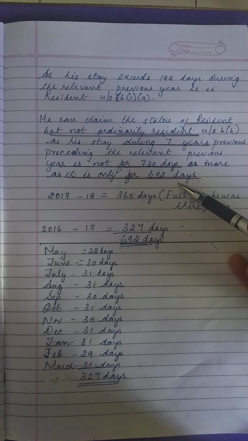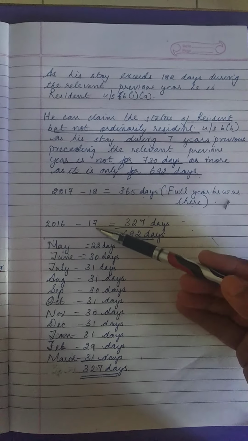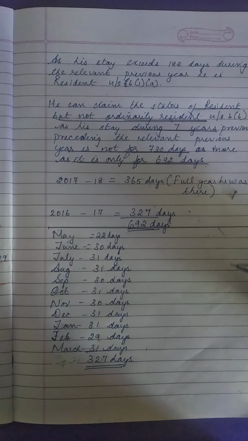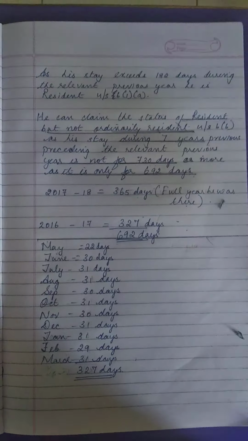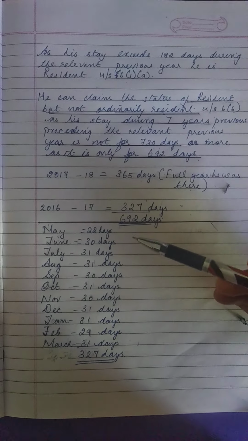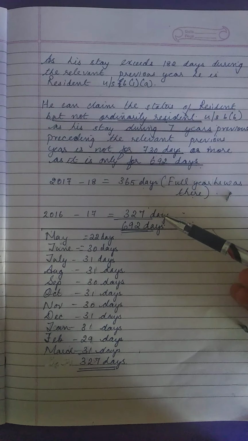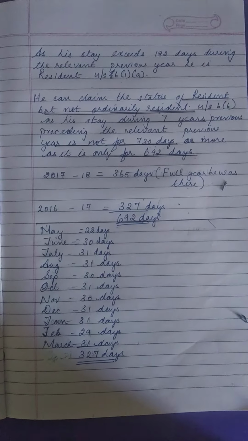Backwards we cannot take it because he is only coming in 2016. So there is no use of taking 2015, 14, 13, 12 and all, because that information is not there. Even if information is given, it will be nil only because he is coming only in May 2016. Okay, so this is how we are doing this problem. So I hope you understood it. Thank you for watching.